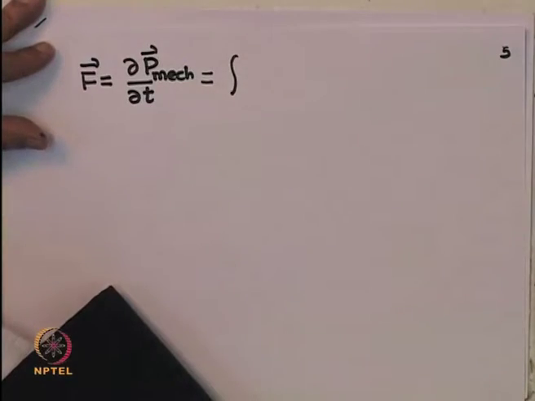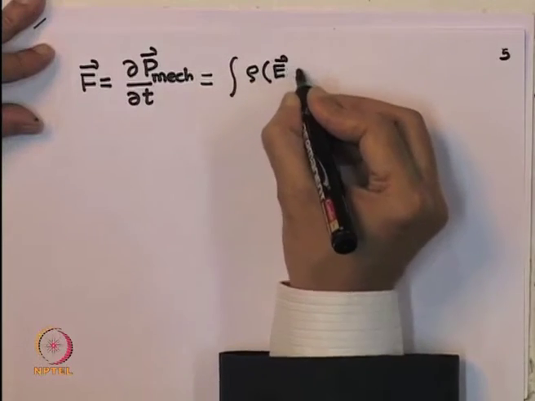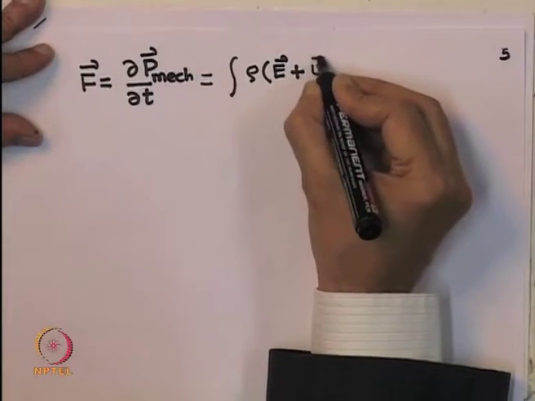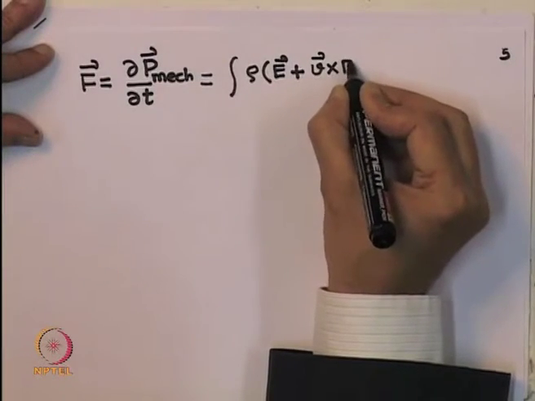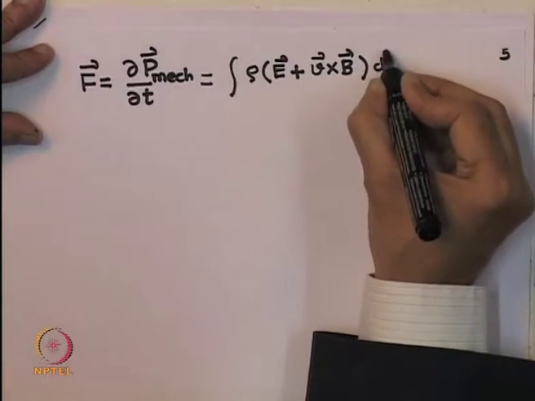In the continuum limit, my charge distribution is subjected to an electric field, which gives rho times the electric field E, plus rho V cross B, which is due to the Lorentz force of magnetism, and this times d cube x.